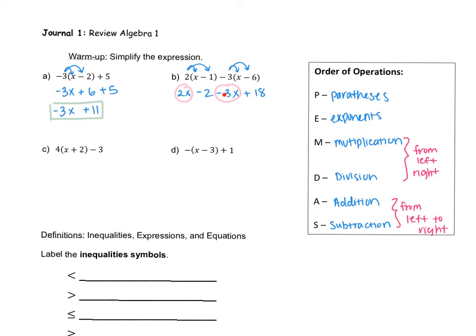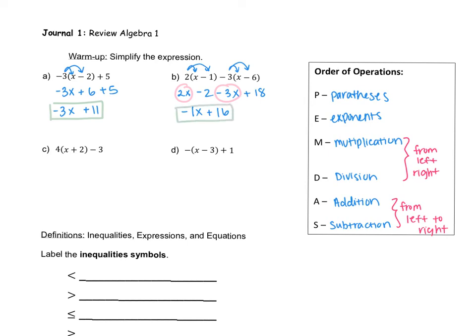That's a 2 and that's a -3. So if I take 2, subtract 3, I get a -1x or -x. Now if I combine these two, because they're both numbers, -2 plus 18 is going to give me positive 16, I believe. So in this case, this would be my final answer.